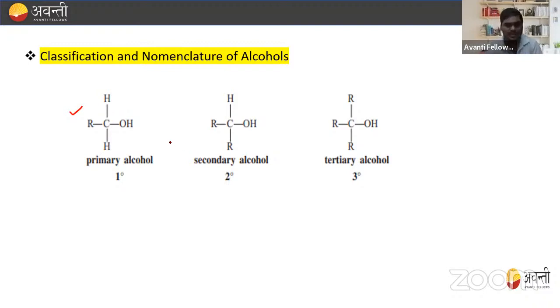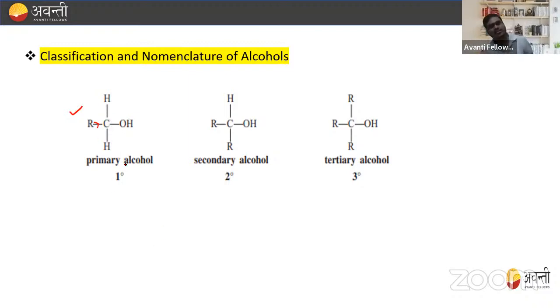We can get to know as we see here: only one alkyl group is attached to this carbon atom. To identify whether it is primary, secondary, or tertiary, always consider one thing: the carbon which is attached to the functional group. For example, this C is connected to this OH, and how many alkyl groups are connected to this C?